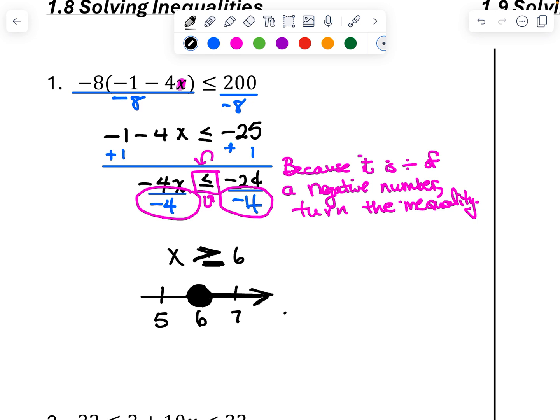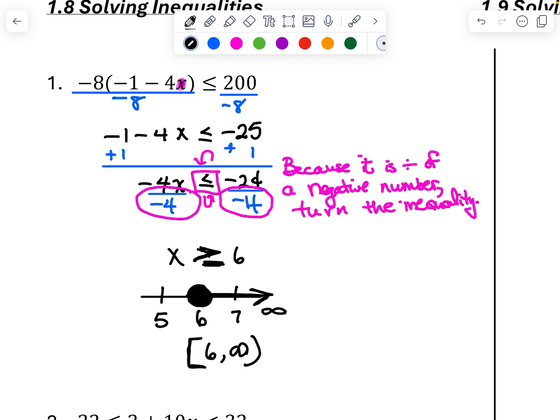And infinity is down here, so we're going to see the answer is 6 to infinity, and infinity is never put in a bracket. So because this is solid, this is a bracket.